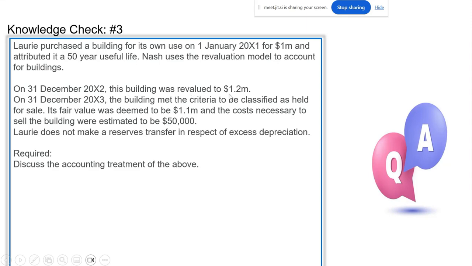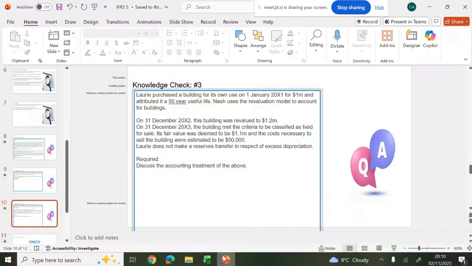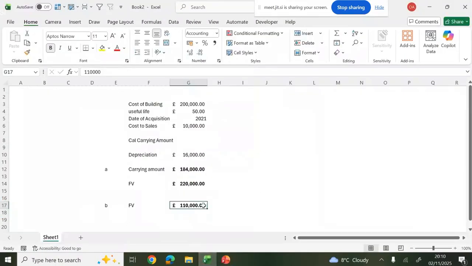It is not yet held for sale. But in 2023, it met the held for sale criteria, and the fair value was deemed to be 1.1. So the first thing we need to do is to calculate the carrying amount of these assets.